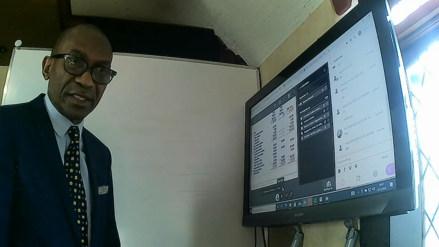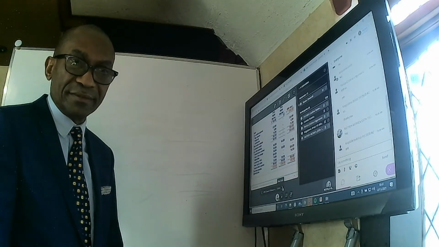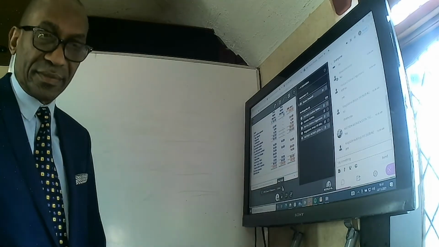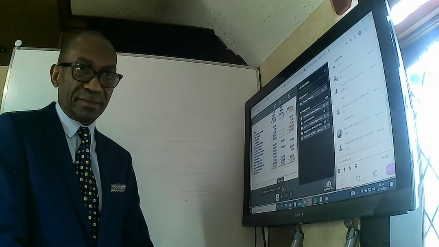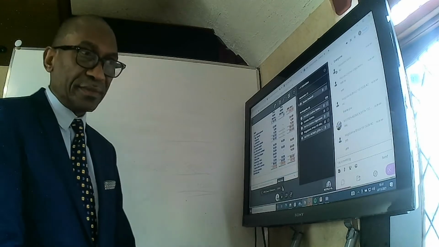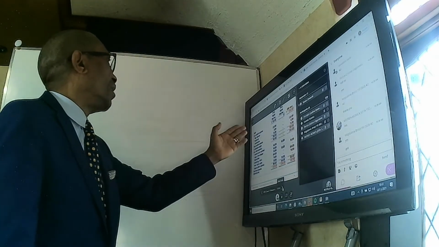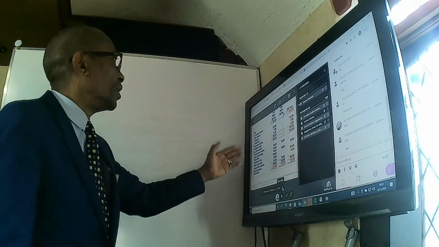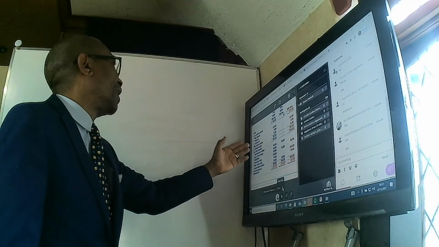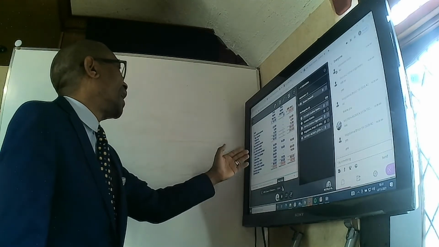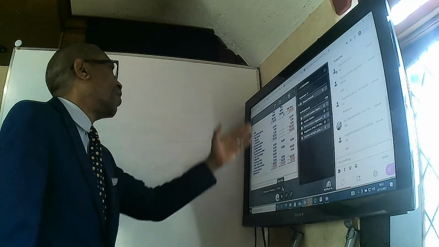Can you all see the statement on the screen? Somebody type yes. Thank you. So you can see the first column is the item: sales, less variable cost, manufacturing expenses, freight, commission, total variable expenses. The first column is the item column, explaining what the figures are.